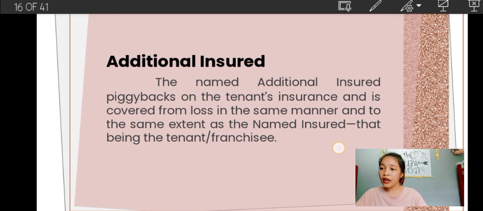So additional insured or additional insurance is a person or organization who enjoys the benefits of being insured under an insurance policy in addition to whoever originally purchased the insurance policy. So it becomes a piggyback, which is if you have a business, you need to have this insurance for the safety of your belongings. If ever you are insured and something happens, like Krisha discussed, it is reimbursed and returns to you to help, whatever happens.